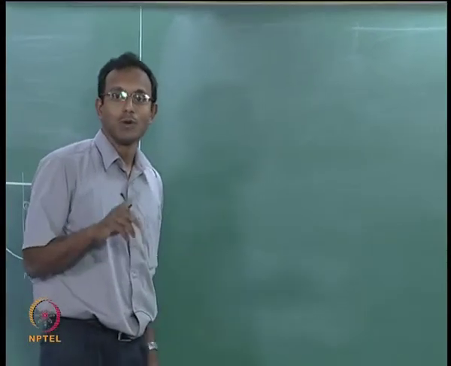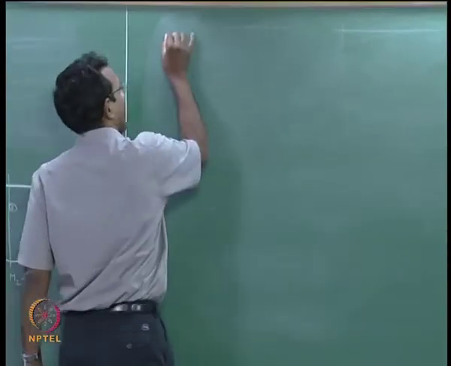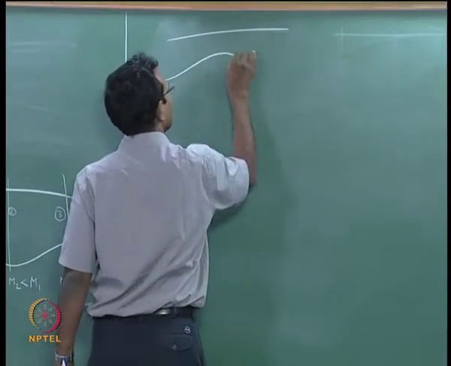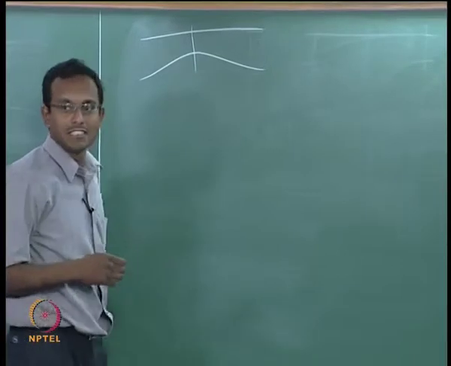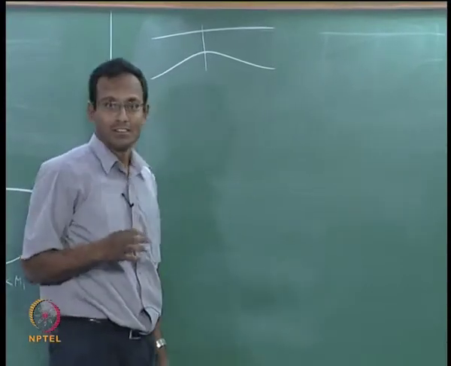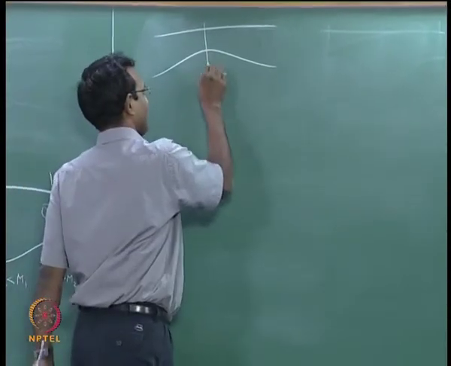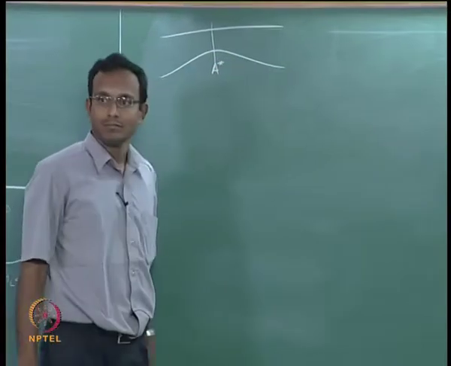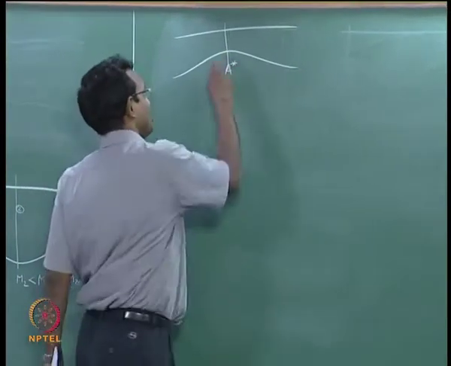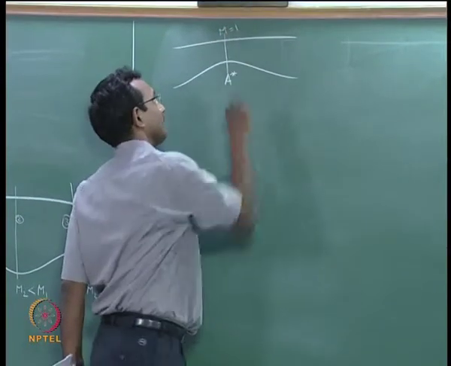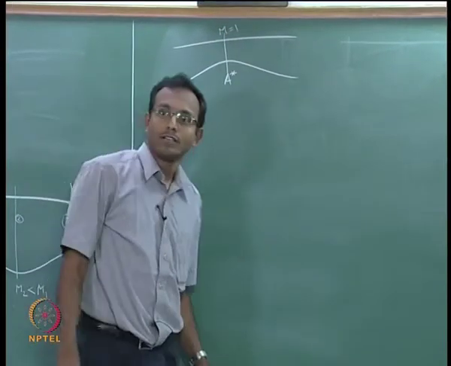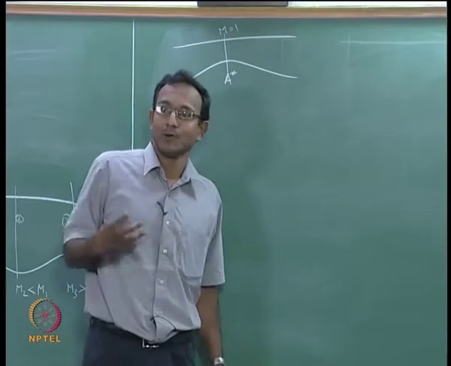What we are going to say now is I have a duct with some choked area. Since it is some choked area, something special, I am going to call this A star. I know that it is choked area, which means my Mach number here is 1, because that is by definition choking for me.